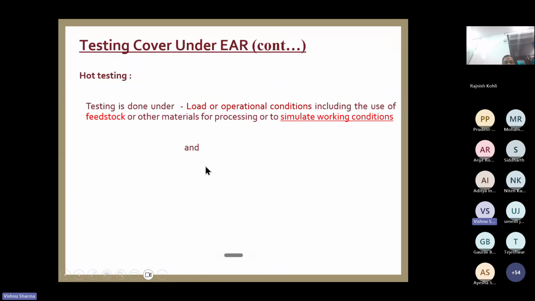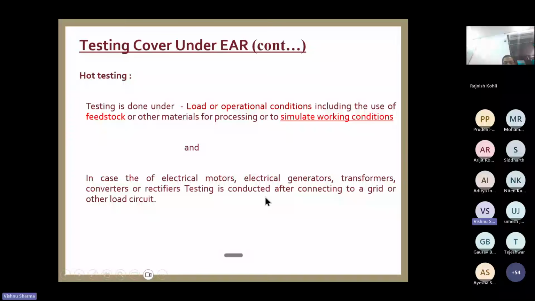For electrical equipment, you provide load, you connect to the grid, and then you test the machinery, like your turbine and alternator. Alternator cold testing means you are just rotating the turbine in dry condition. You are not connecting the load with the transformer and ultimately to the grid. But in hot testing, you will be performing this test after connecting to the grid.